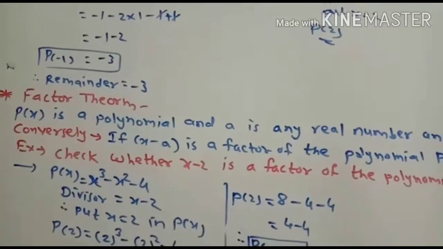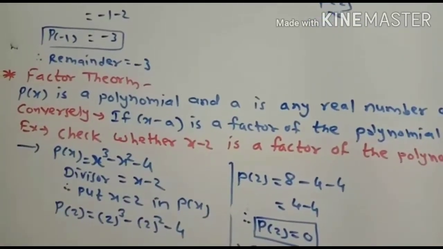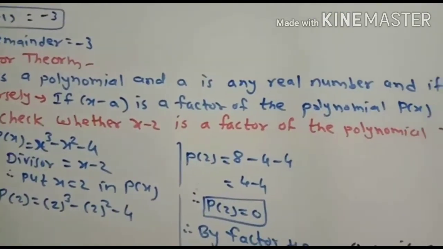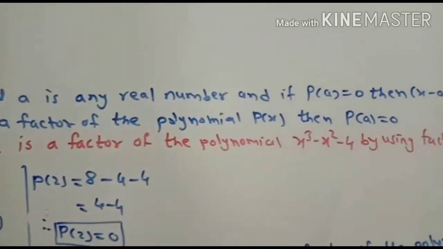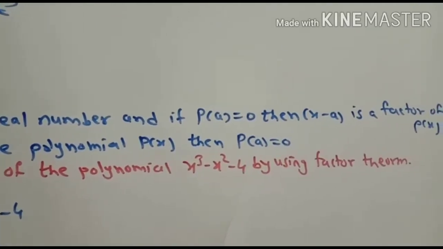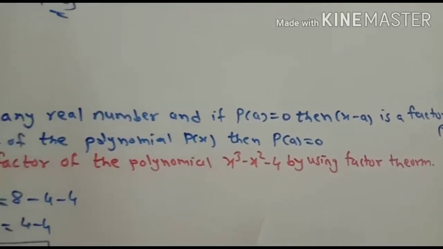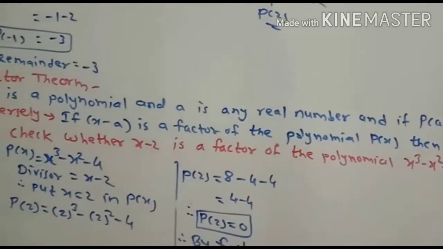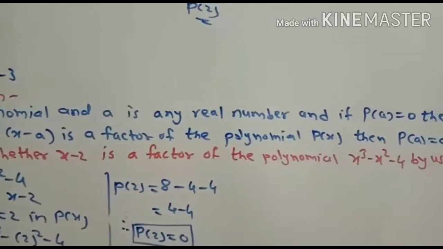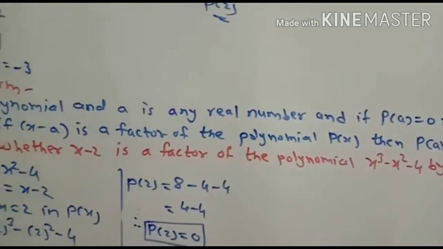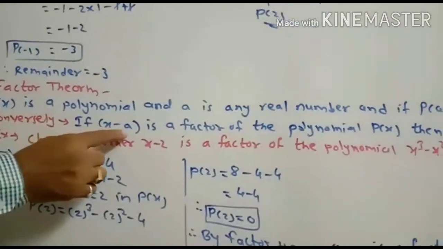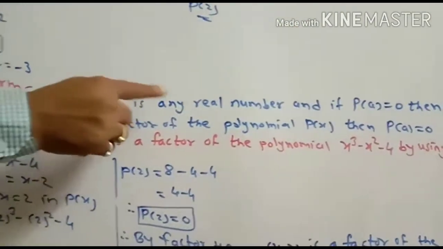Second is the factor theorem. What is the factor theorem? If p(x) is a polynomial and a is any real number, and if p(a) = 0, then x - a is a factor of p(x). That is, on putting x = a, if p(a) = 0, then we can say that x - a is a factor of the polynomial.